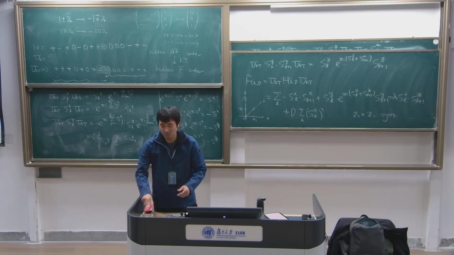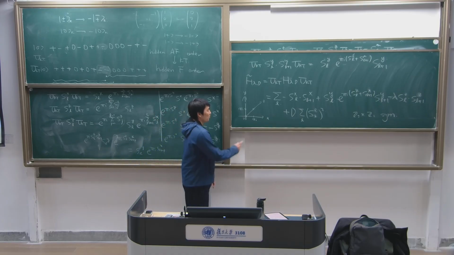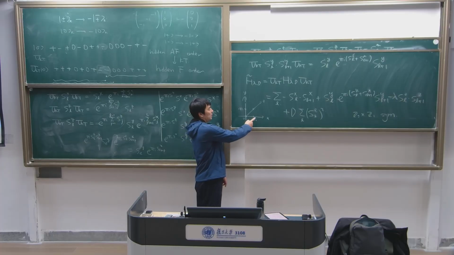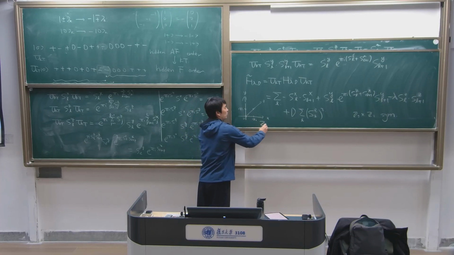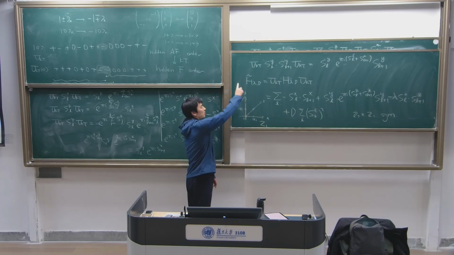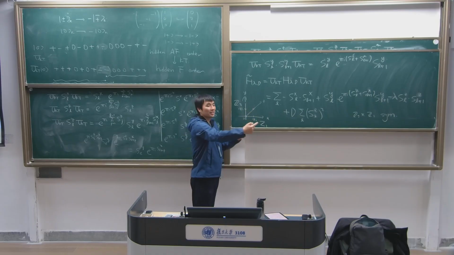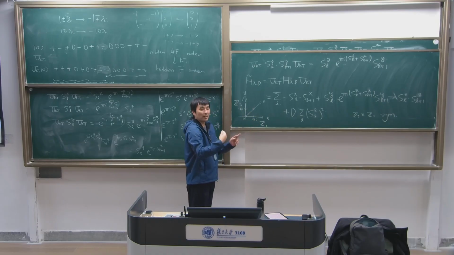Okay, do you understand? So therefore, if you do the pi rotation around the x-axis, you get that non-trivial z2 element. And then if you have a pi rotation around y, you have another z2. But if you compose them, you have a rotation around the z-axis, pi around the z-axis.